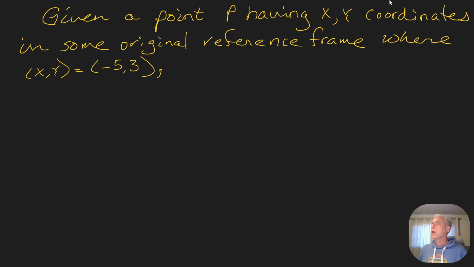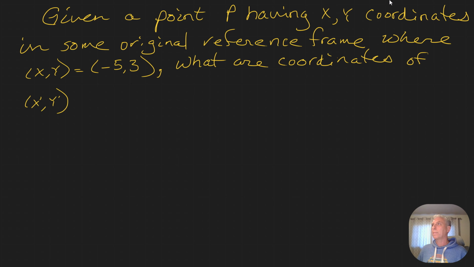So given xy coordinates in one system of -5, 3, what are the coordinates of x prime, y prime in a reference frame, I'm just going to say RF, reference frame, rotated clockwise.